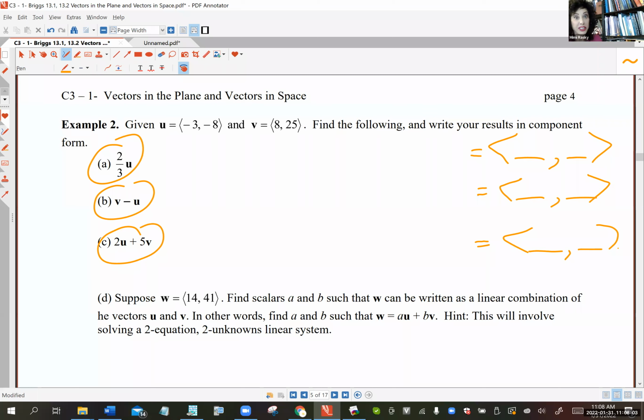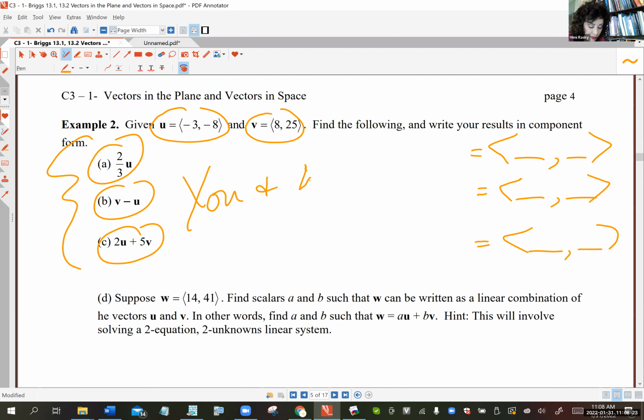I'm giving you a hint as to what your final answer must look like for all three of these in example 2. Now keep in mind, you're given what u is. There's the component form of u. And you're given the component form of v. Use the given vectors u and v to get parts A, B, and C. So you and a buddy will do this now.